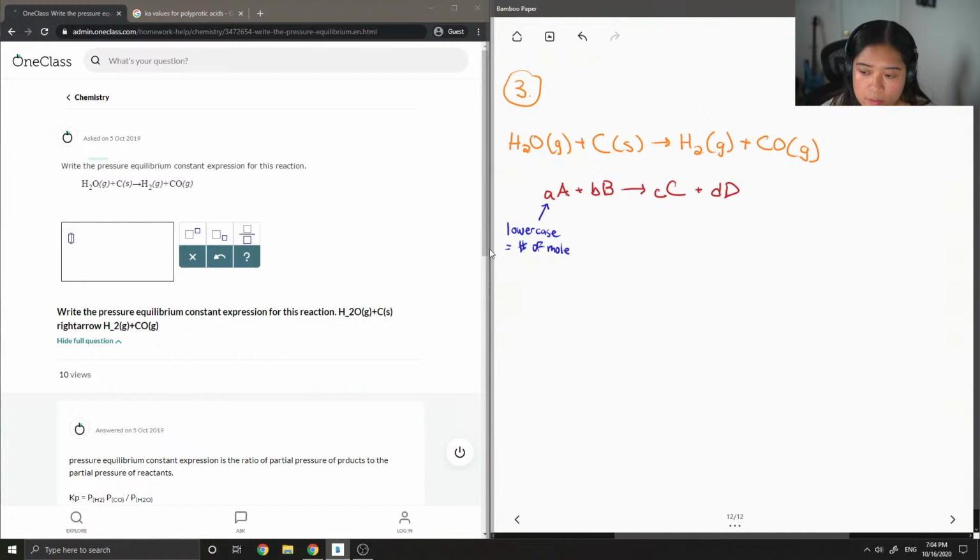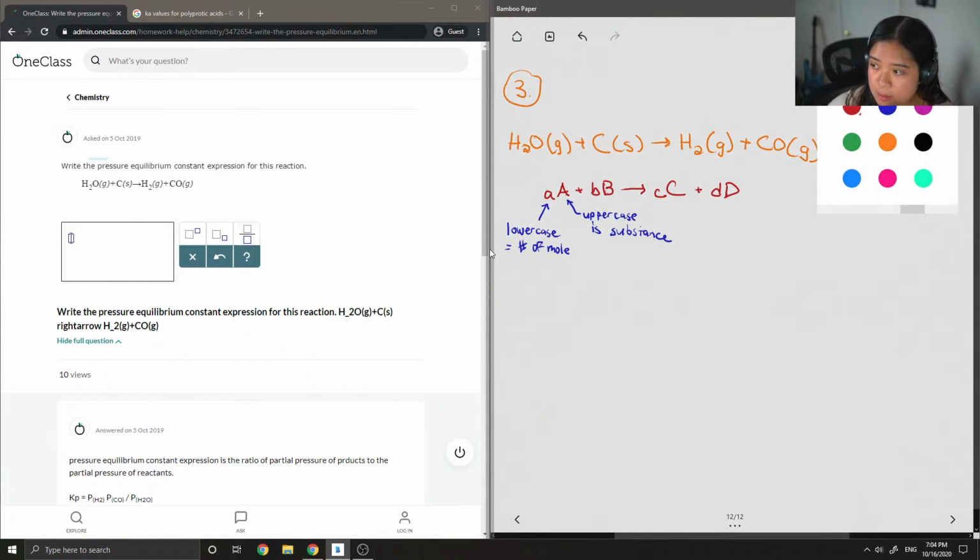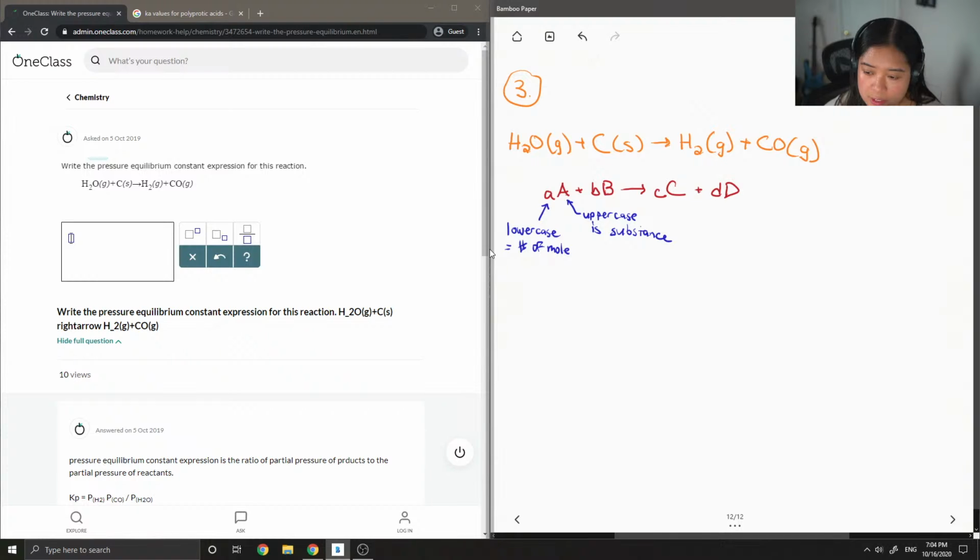So it's basically the coefficient that's in front of our element. And then the uppercase is our substance. And then the general equation for equilibrium constants, I'll denote as K. Looks like this.